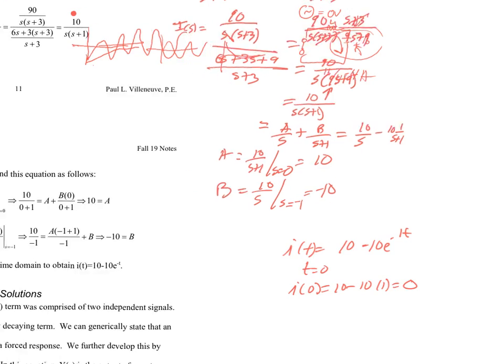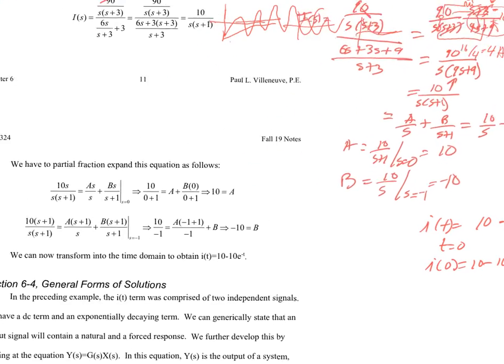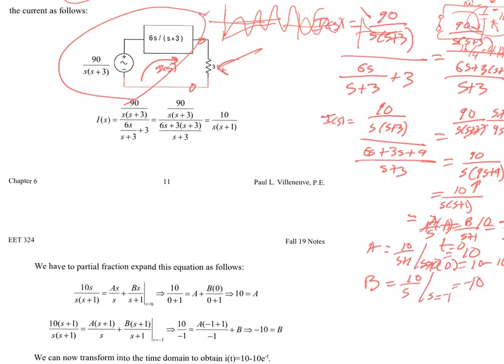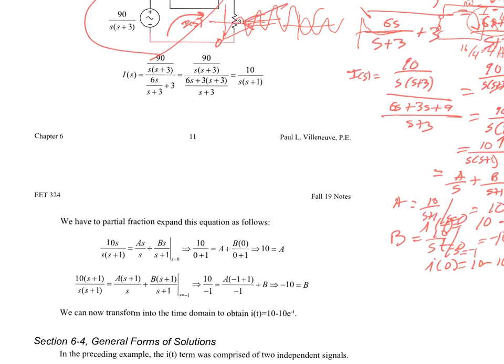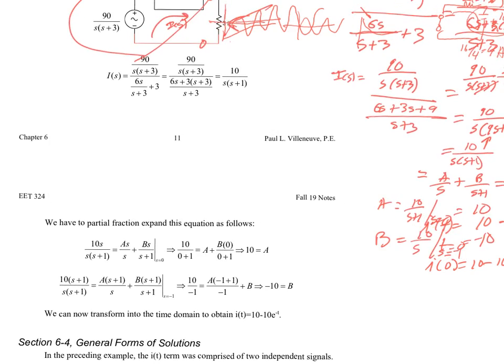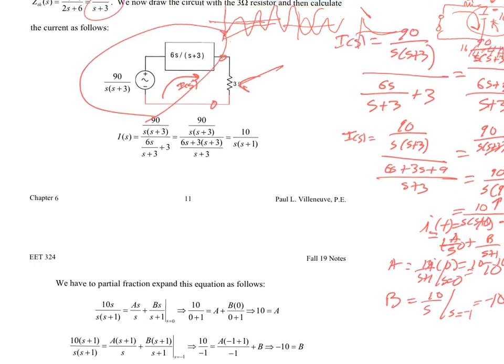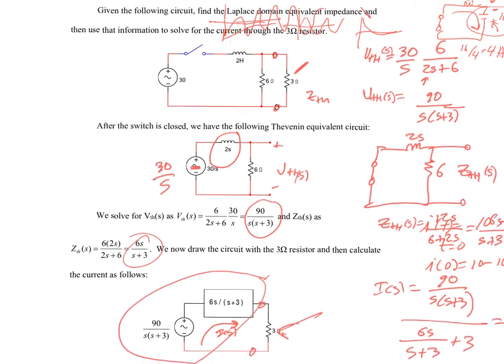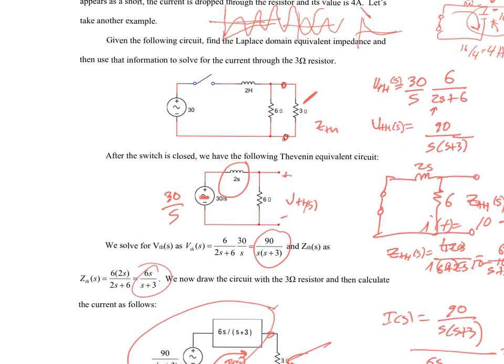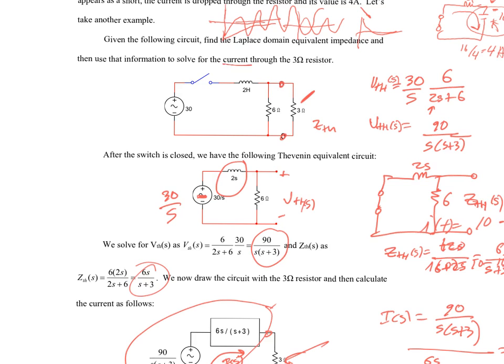Now we can do the same thing for our voltage. So we'll move that over here for a little room. So the voltage, am I looking for the voltage on the inductor? I don't remember what I said. Oh, that was all we had to do. Find the current through the 3 ohm resistor.